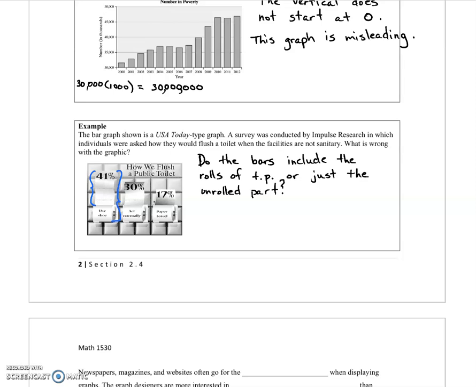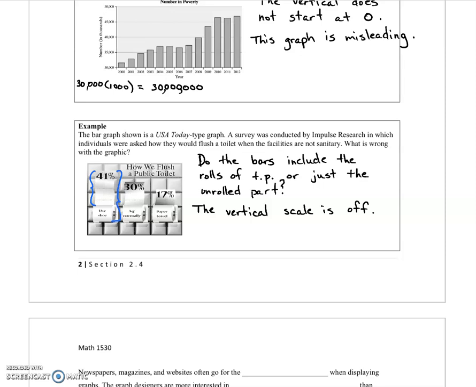And so that's one of the problems. The other problem is that the vertical scale is off. So 17% is a 13% difference with 30.